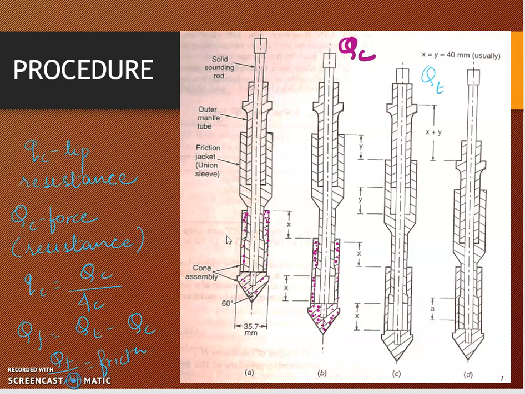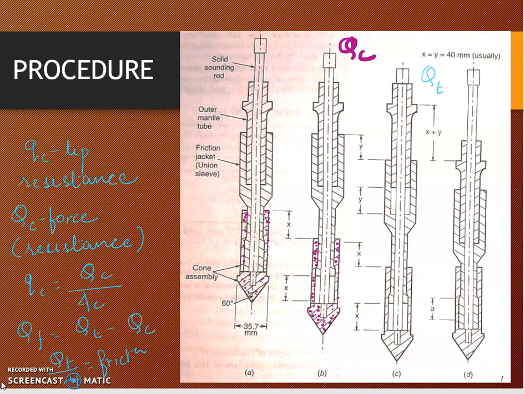Now over here, the textbook is not giving me a very clear idea about what refusal is, but somewhere on the internet I read that if the number of blows is 100 and still the penetration is not around 30 centimeters, then you stop it. So if you have given 100 blows and still the penetration is not even 30, you consider it as refusal.